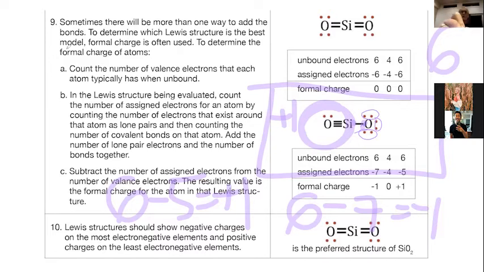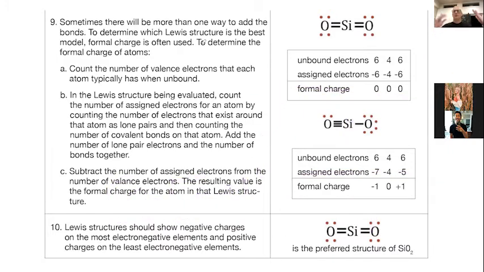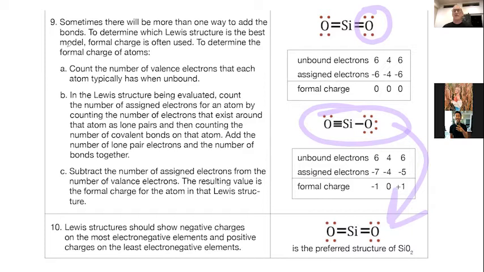So in molecules, generally, you want to reduce the total amount of formal charge as much as possible. So even though we could draw silicon dioxide that way, this is the preferred structure, because in this structure nobody has a charge. Here, oxygen has 6 valence electrons, 2 lone pairs, 2 bonds, for a total of 6.